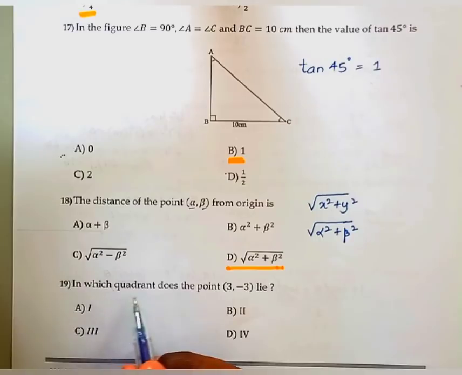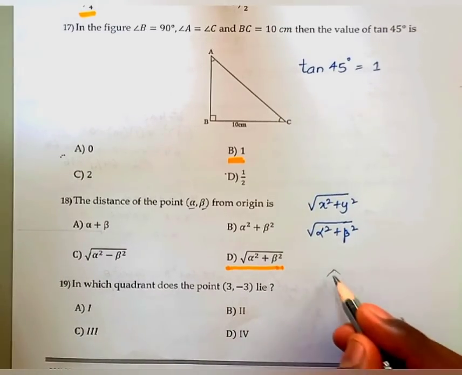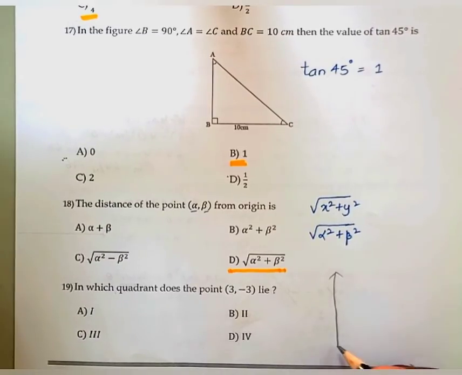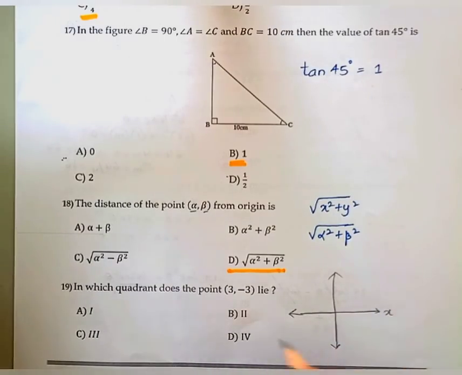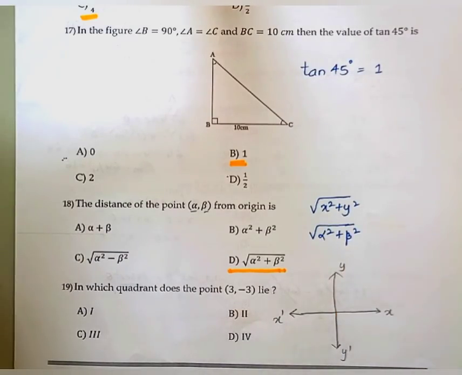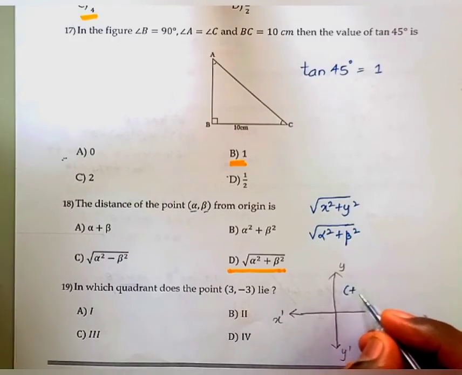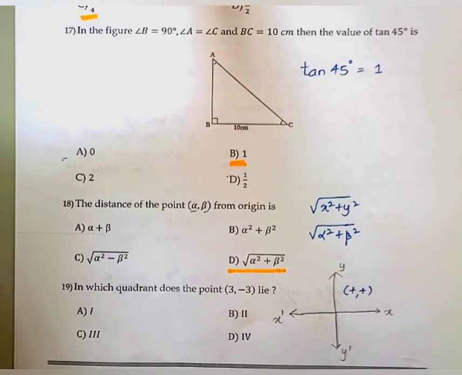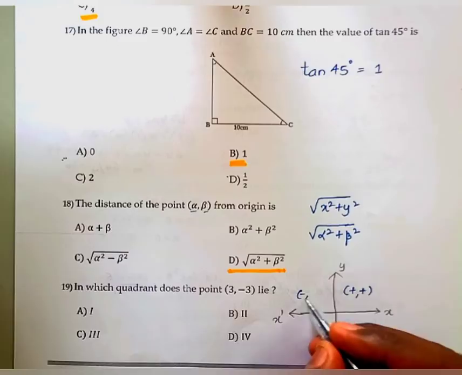Question number 19. In which quadrant does the point 3, minus 3 lie? Now, draw the axis. Positive x-axis, negative x-axis, positive y-axis and negative y-axis. In the first quadrant, that is plus comma plus, x is plus, y is plus.